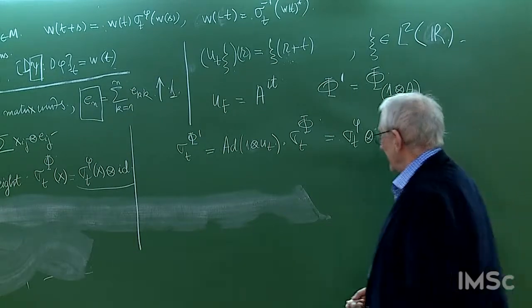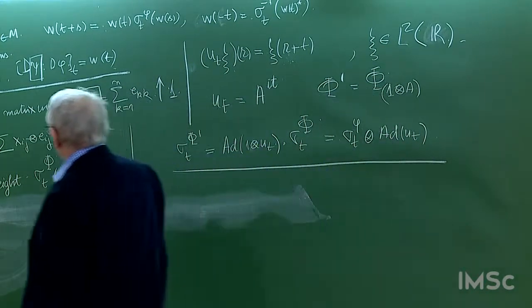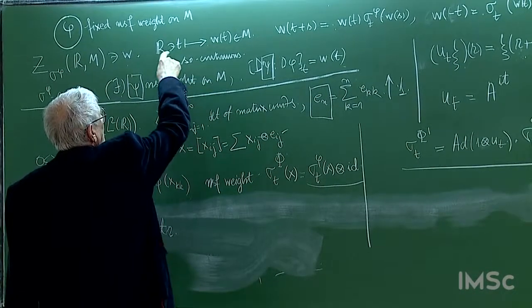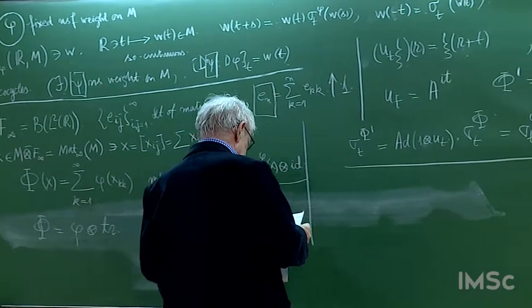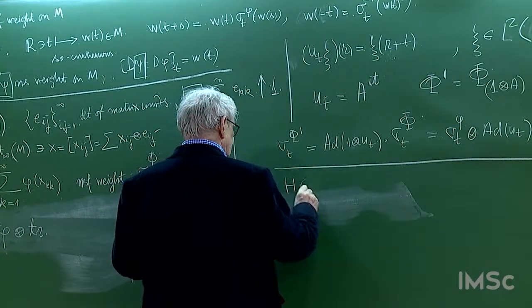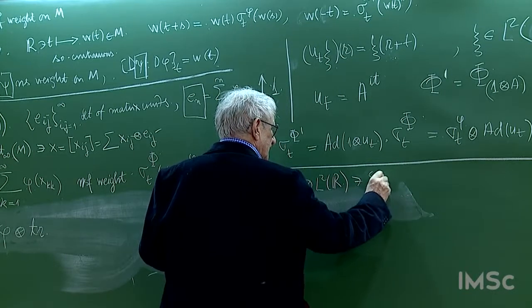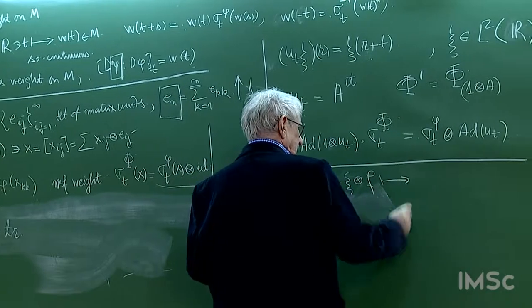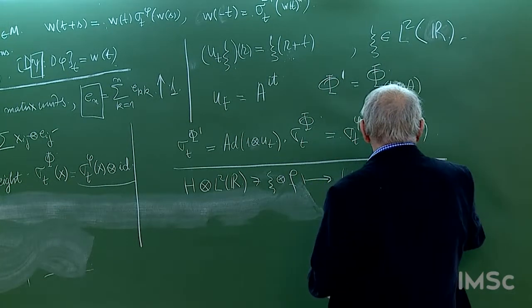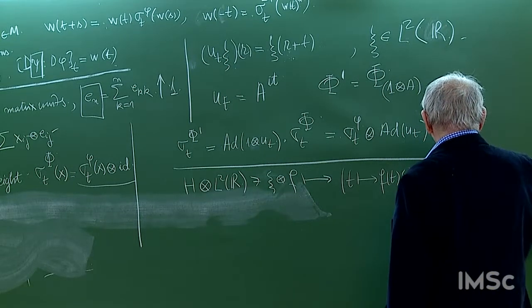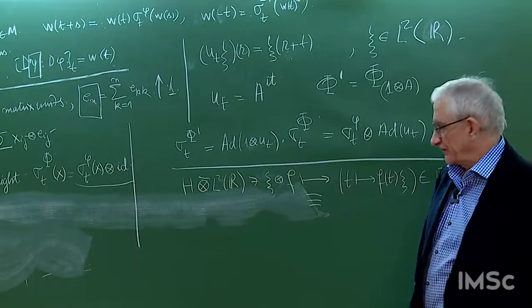Now we define another weight making use of the cocycle. The cocycle here is a map from R to M. Every function defines a multiplication operator, so I will first make this identification H tensor L2 of R. If you take a psi tensor F, a function in here, you associate it to the function T goes to F of T psi, which belongs to L2 of R with values in H. And this is an identification, if I put here the whole cross tensor product.